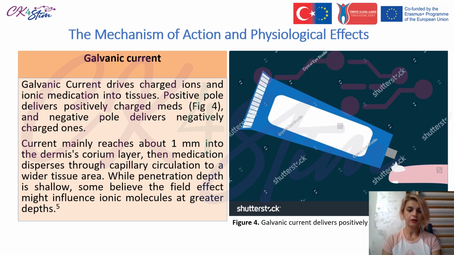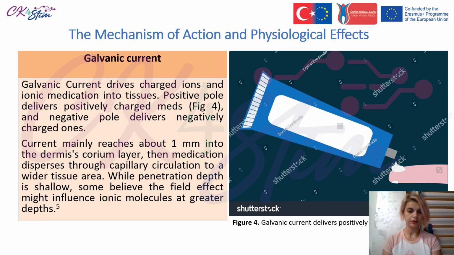For the galvanic current, this can be used to drive charged ions and ionic medication into the tissue. Positively charged medication is delivered by the positive pole, while negatively charged medication is delivered by the negative pole.